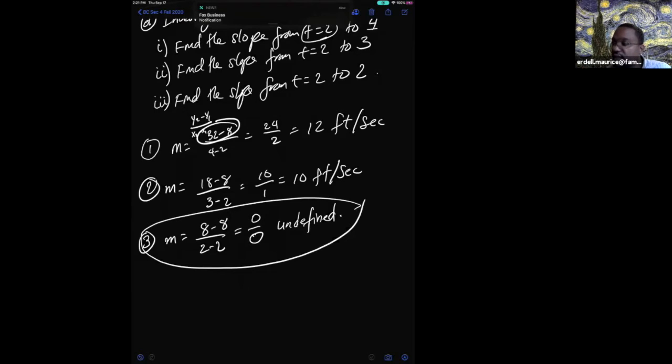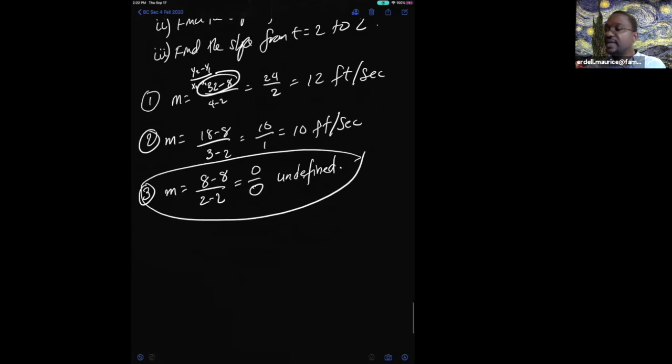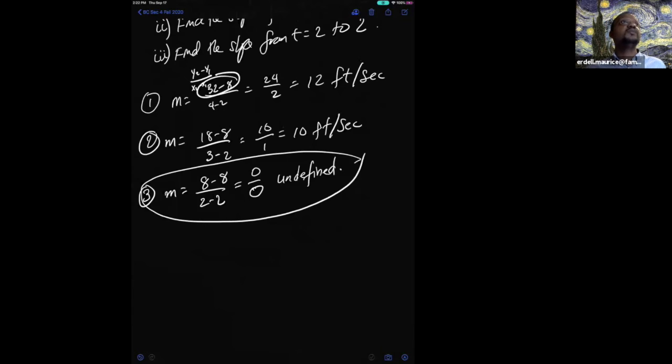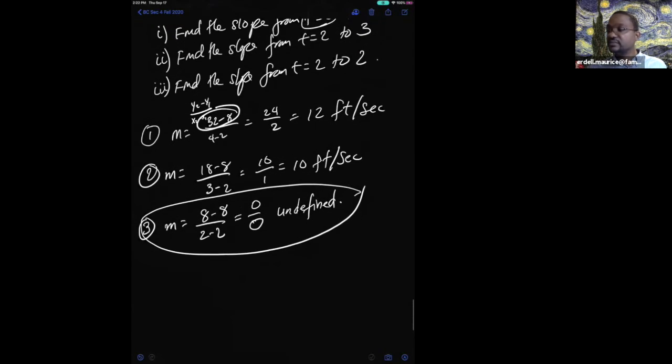I got 12, I got 10, but now it's saying the average speed is undefined. But if you think for a second, you'd recognize that at the point 2, the vehicle had to have a speed, yes? And so the question is, how do we find that speed? Well, it turns out that the way we find that speed is what we've done before: we have to take a limit to get to that answer right here.